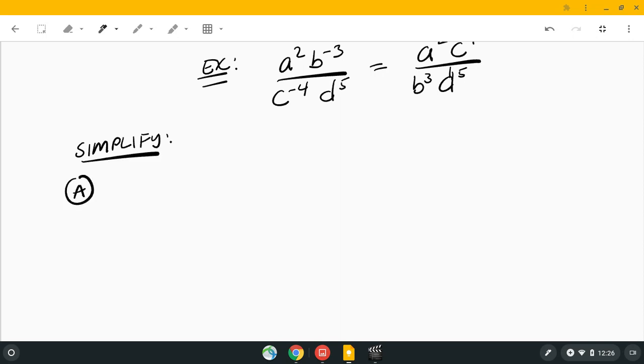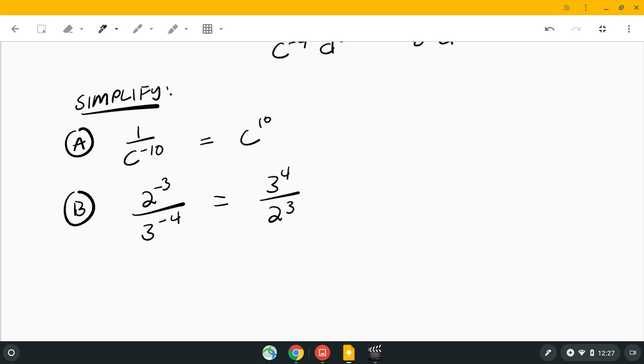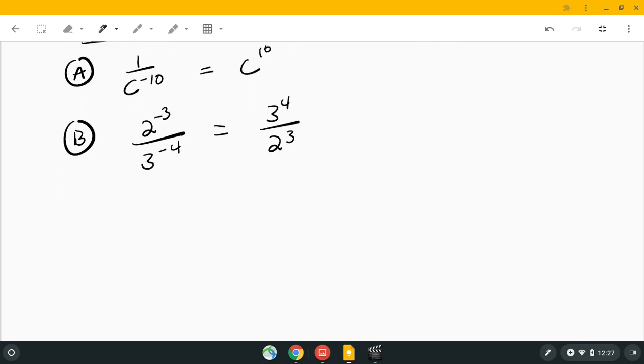If I have this one, 2 to the negative 3, 3 to the negative 4, they both have negative exponents, so they will both move. 3 to the 4th will go up. 2 to the 3rd will go down. Okay? If you actually work that out, 3 to the 4th power is 81, and 2 to the 3rd power is 8.